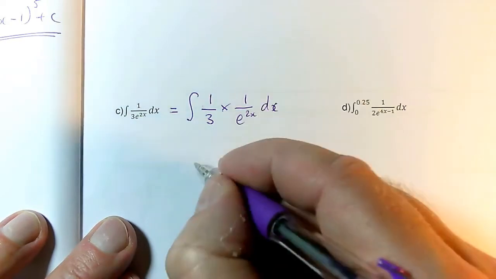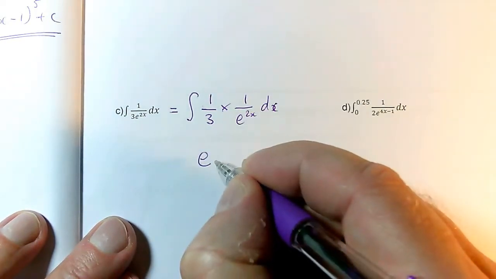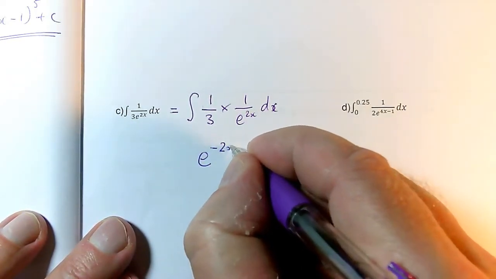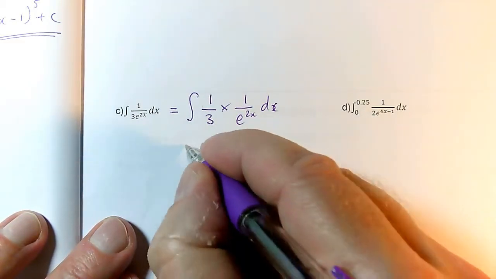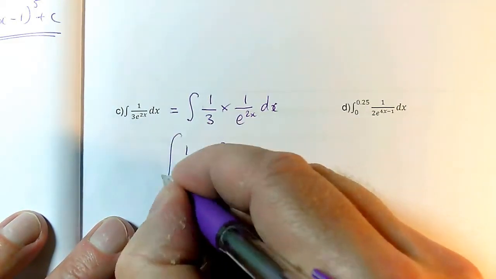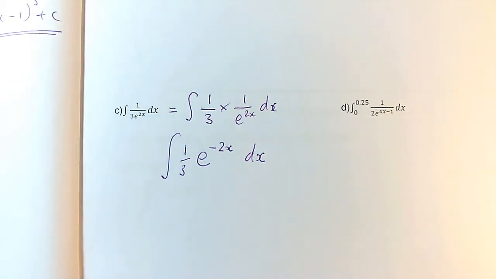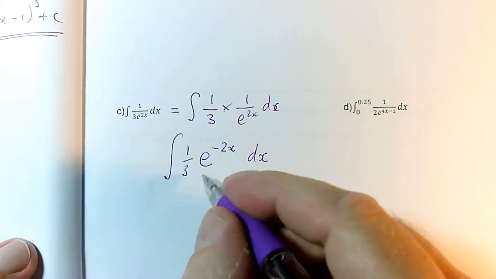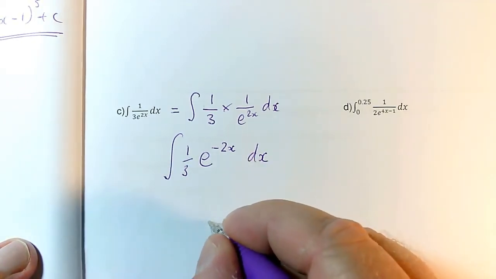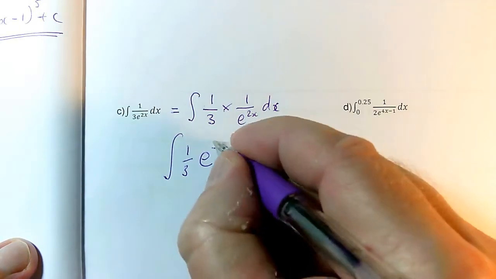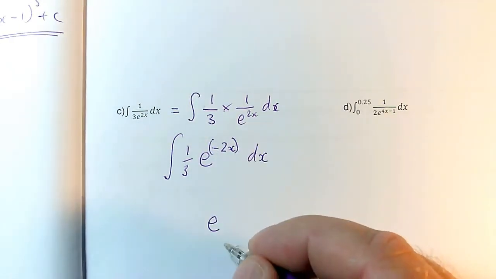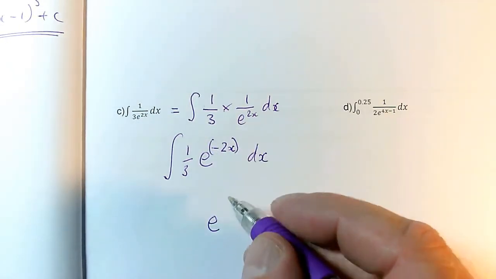I'm going to write this using a negative power of e, so that's going to be e to the power of minus 2x to cause the 1 overness. I'm going to have a 1/3 in front of it, and I've got to integrate that with respect to x. Now it's written in a form that I can hope to integrate it correctly. So e to the something will integrate to e to the something, but the something is a linear bracket, it has to be, otherwise this rule won't work.